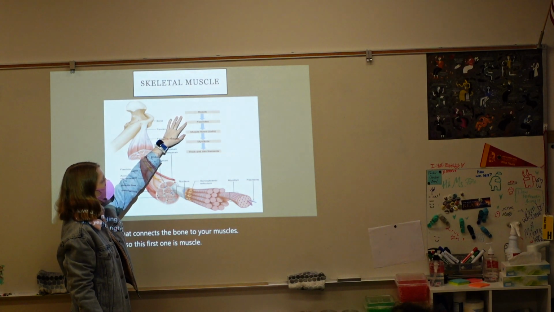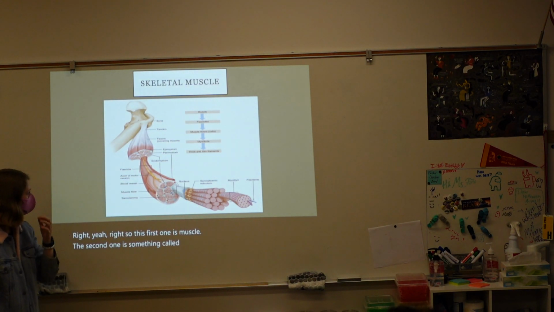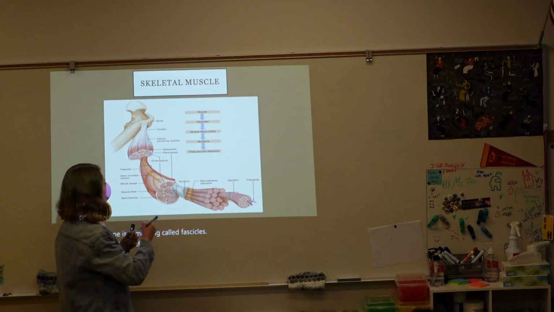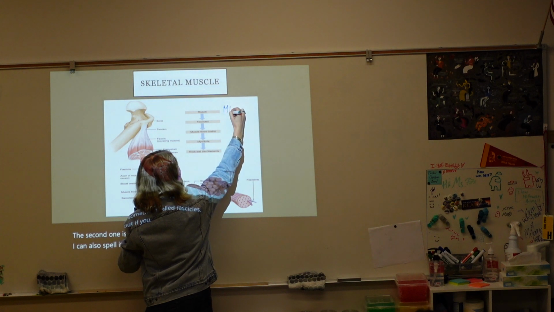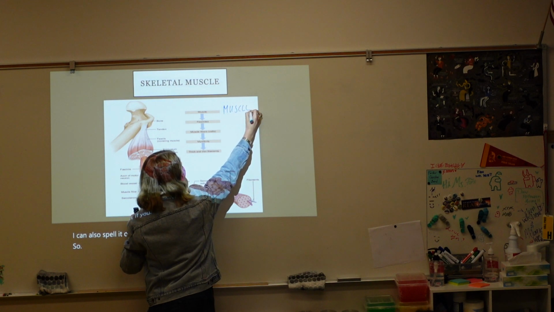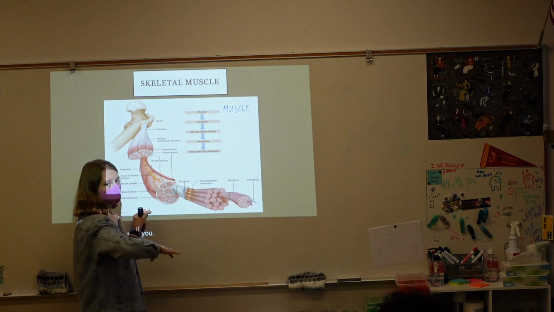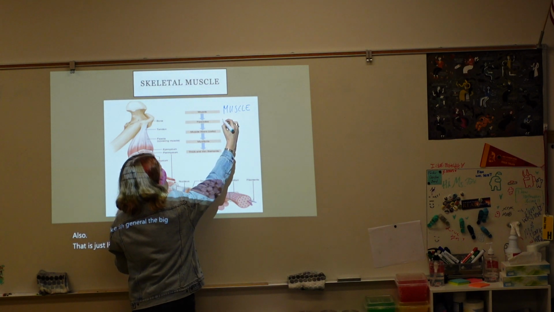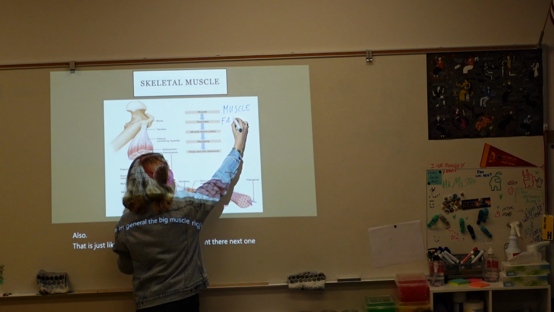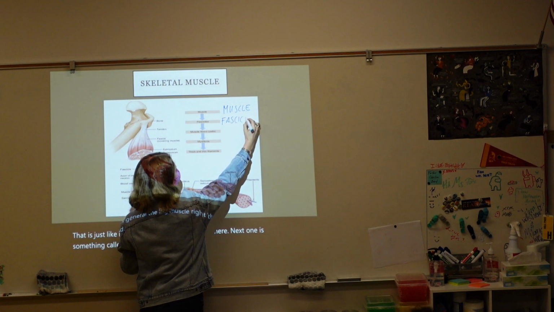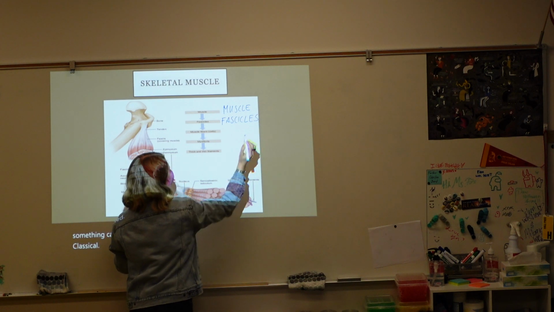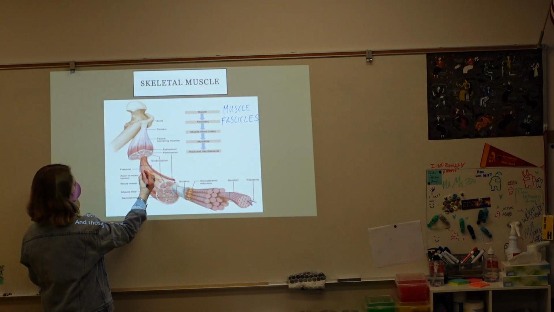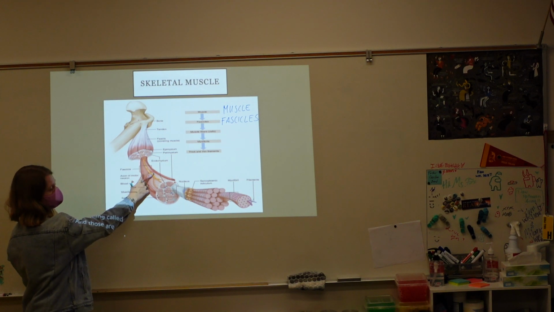The second one is something called fascicles. I can also spell it out. Muscle is just in general the big muscle. The next one is fascicle, which is a section within your muscle.